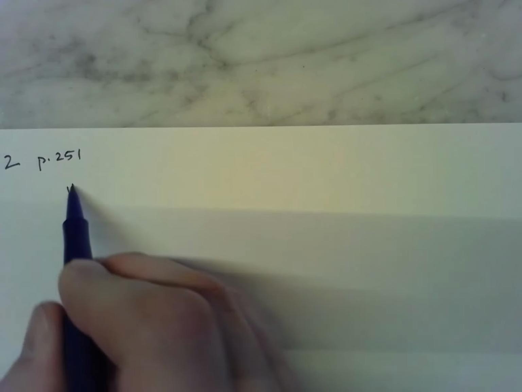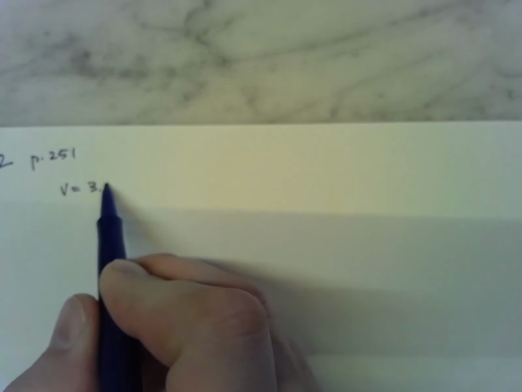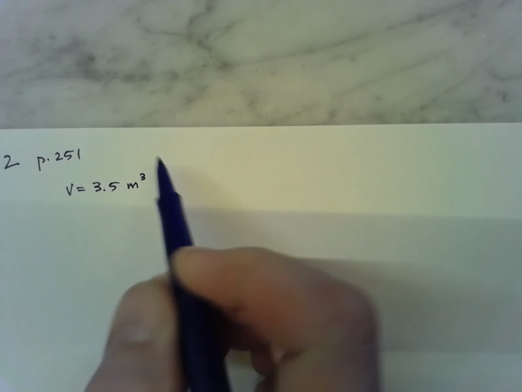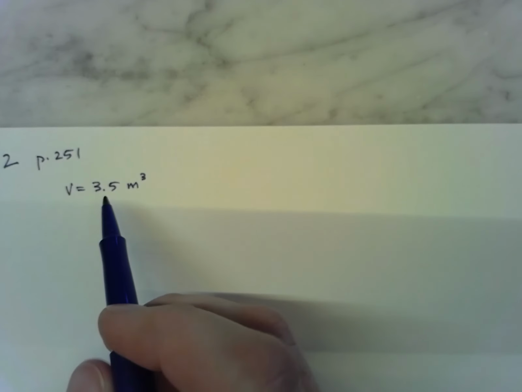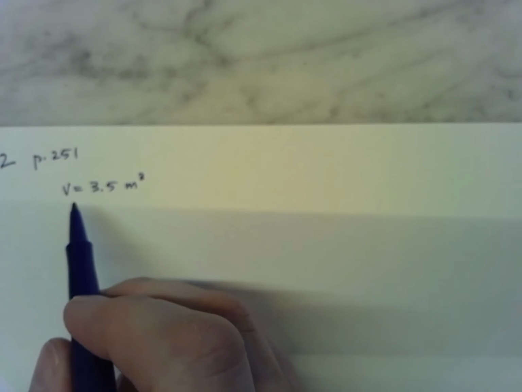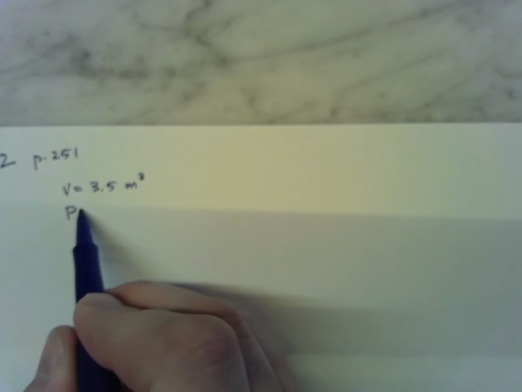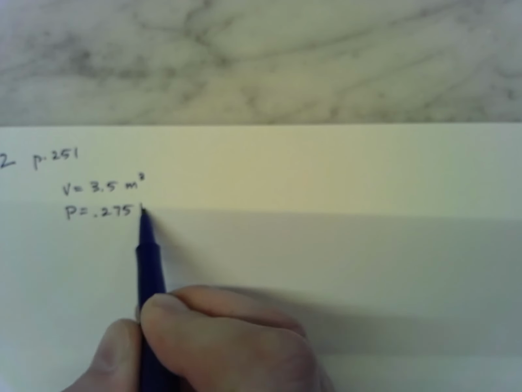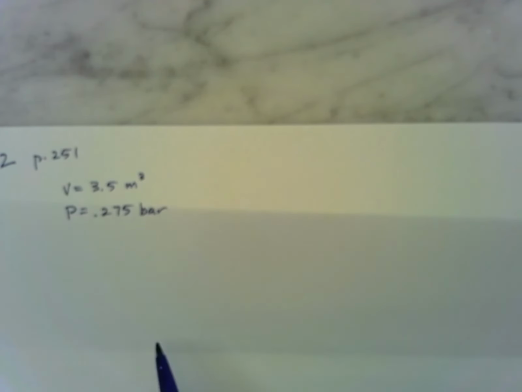All right, a gas with a volume of 3.5 meters cubed is at 2.275 bar. So what have I done already right here, besides allowing my camera to get out of focus?